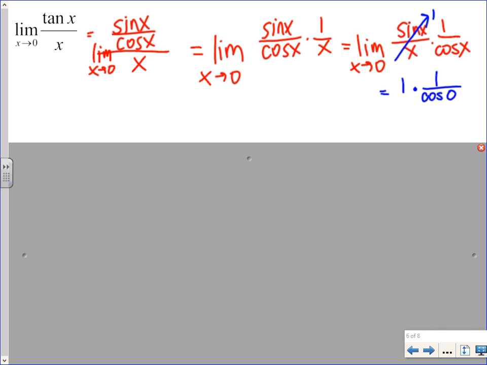And what's the cosine of 0? 1. So if you can use identities, whether algebraic or trigonometric, to group sine of x over x together, we can make that special limit work. It just has to be going towards 0, otherwise it's not going to work.